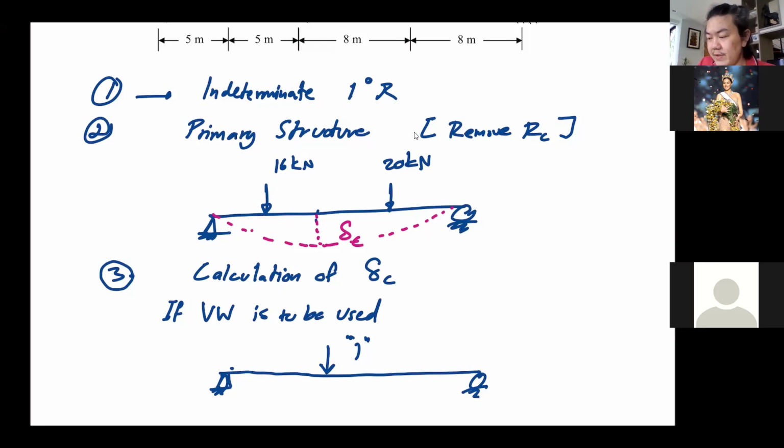We are in the zone where we need to calculate delta C by using the virtual work, so you apply the unit load there. But then, step number 4, look at that.